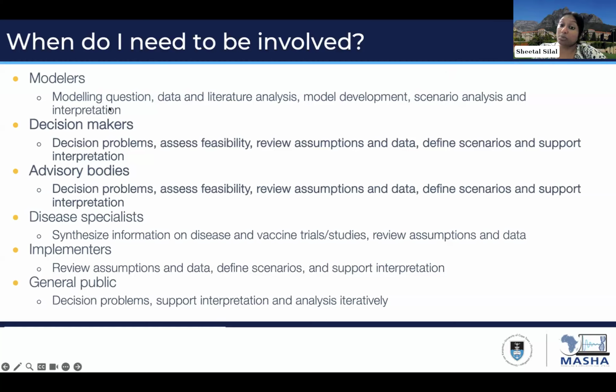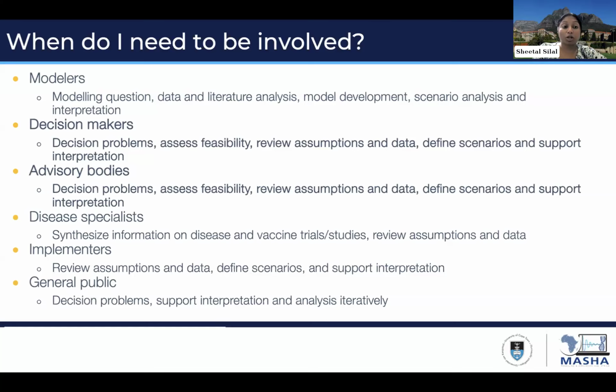So what does it all mean, as we saw in the last few slides of my colleague's presentation on rubella? But from the decision maker's side and the advisory body side, looking at those two together, you are involved in the decision problem. So understanding what decisions need to be made, we first establish that and then look at how a model can support.